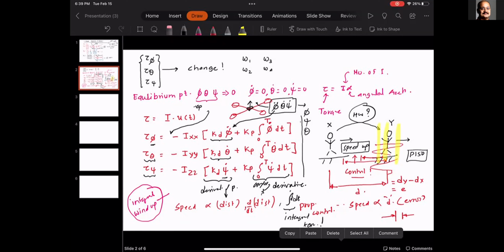So this has to be opposite of the disturbance. If the disturbance is positive theta, I want to apply the negative torque that would minimize that positive theta. However, if the disturbance is causing negative roll, I want to make positive torque so that that negative roll is compensated. That's why I have this negative sign.